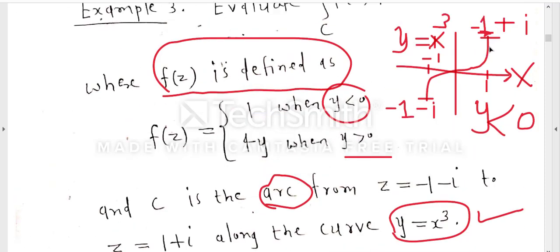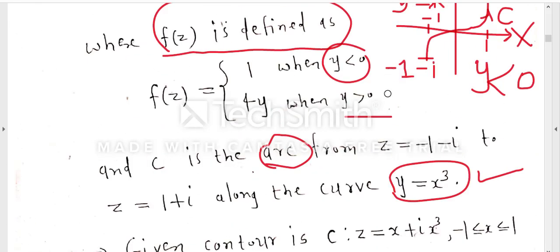This is the curve y equal to x cube, and we have sketched here the portion of this curve from z equal to -1 minus i to z equal to 1 plus i, in the counterclockwise direction.